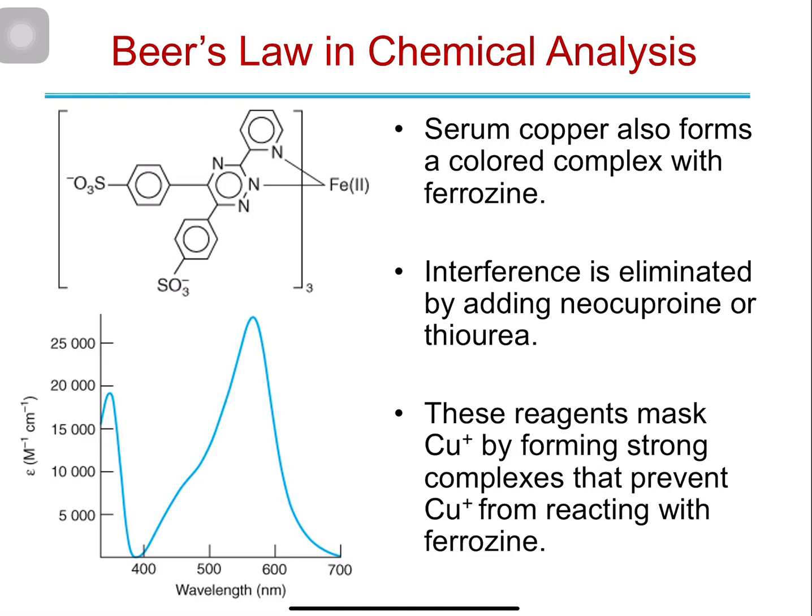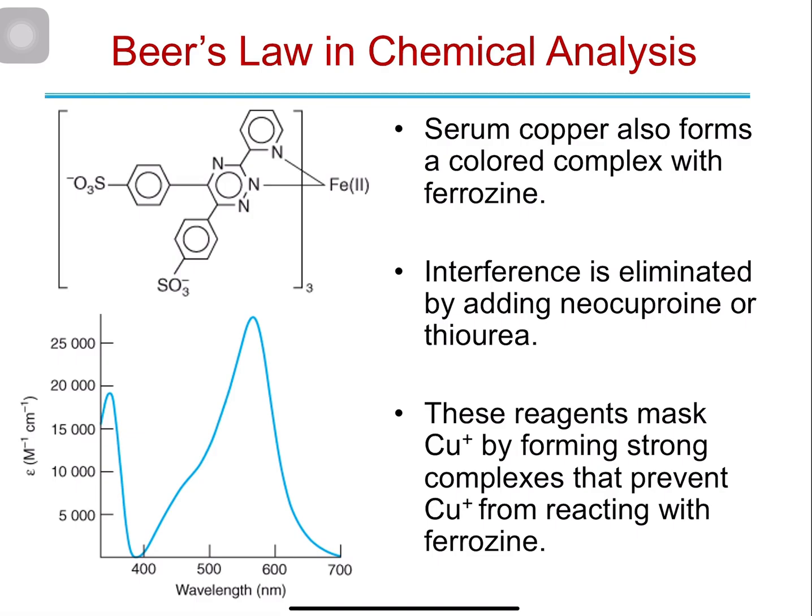Also, because we have been talking about selectivity, we need to make sure that this method is selective for iron. But the serum also contains copper, and copper can make a complex with ferrozine, and this complex will be colored as well, and it can interfere with our absorbance.